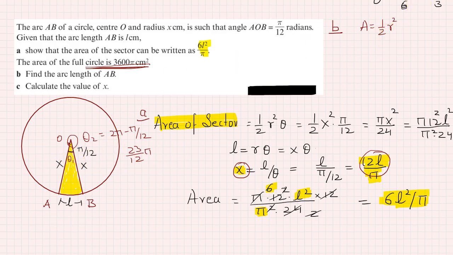So it is half r squared theta 1 plus half r squared theta 2, which is equal to half r squared times theta 1 plus theta 2, equal to 3600 pi.